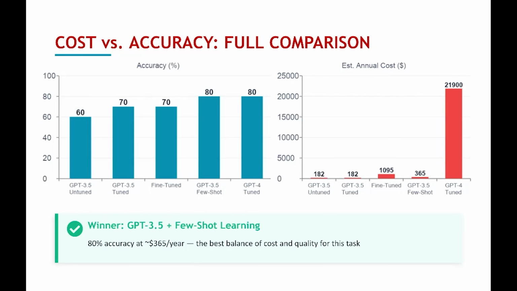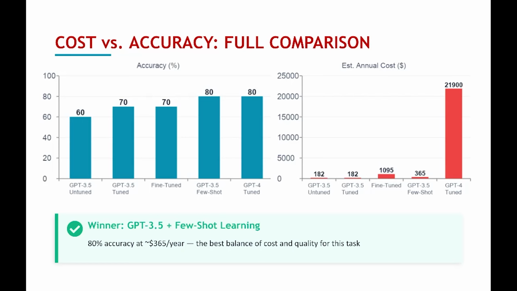Okay, so the slide brings it all together. On the left, accuracy for each configuration, and on the right, estimated annual cost at scale. GPT-4 achieved 80% accuracy, but at a staggering 21,900 per year, and GPT 3.5 with few-shot learning matches the accuracy for just 365.